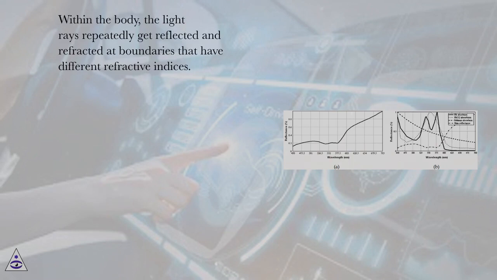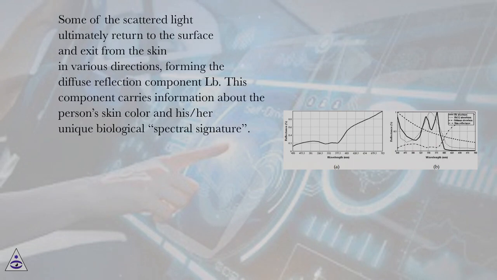Within the body, the light rays repeatedly get reflected and refracted at boundaries that have different refractive indices. Some of the scattered light ultimately returns to the surface and exits from the skin in various directions, forming the diffuse reflection component. This component carries information about the person's skin color and his/her unique biological spectral signature.